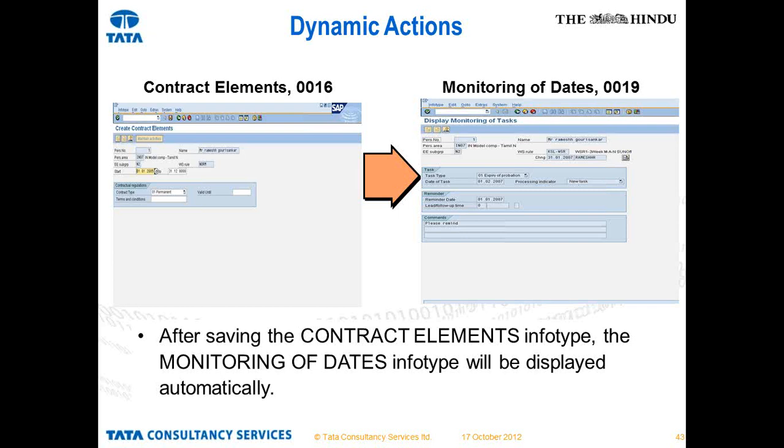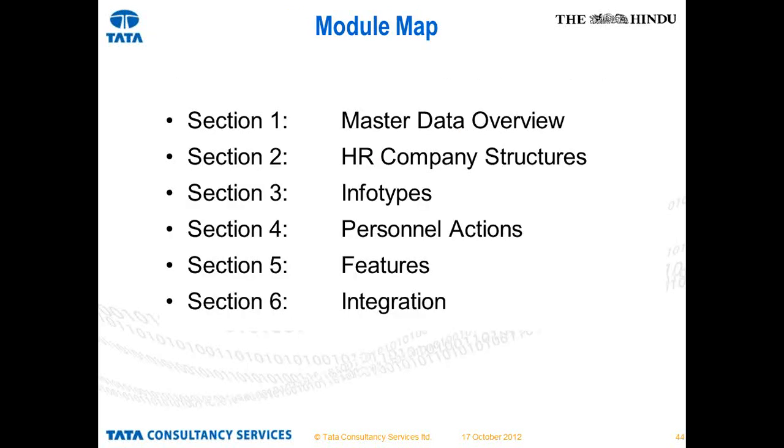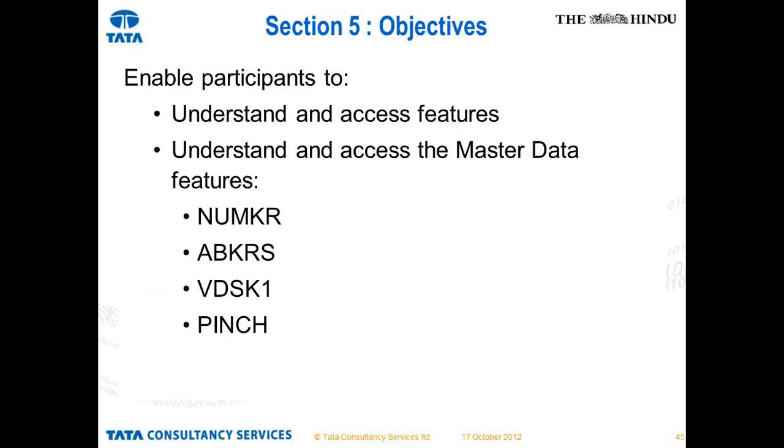The system is able to do it by itself because the logic written behind the screen, that is dynamic actions, works like this. So when you make some changes and save the screen, it automatically moves on to info type 19, monitoring of dates.